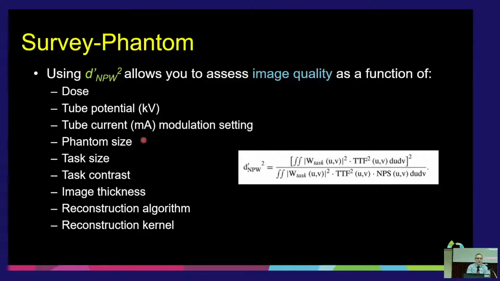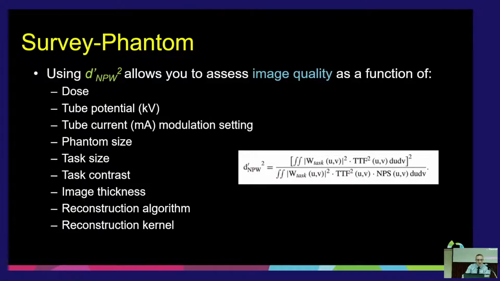And the beautiful thing about this algorithm right here, called D prime, is that because it's mathematical, we can acquire lots and lots of images at different doses, different kV values, different mA, different phantom size, all of this. We can check all of these different acquisition techniques. So we have thousands and thousands of permutations of how this image could look.